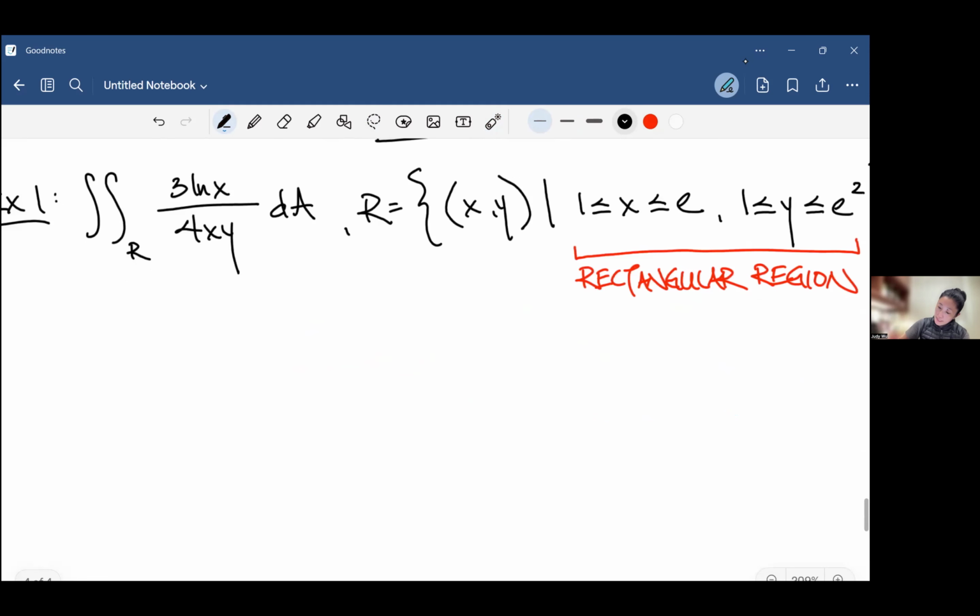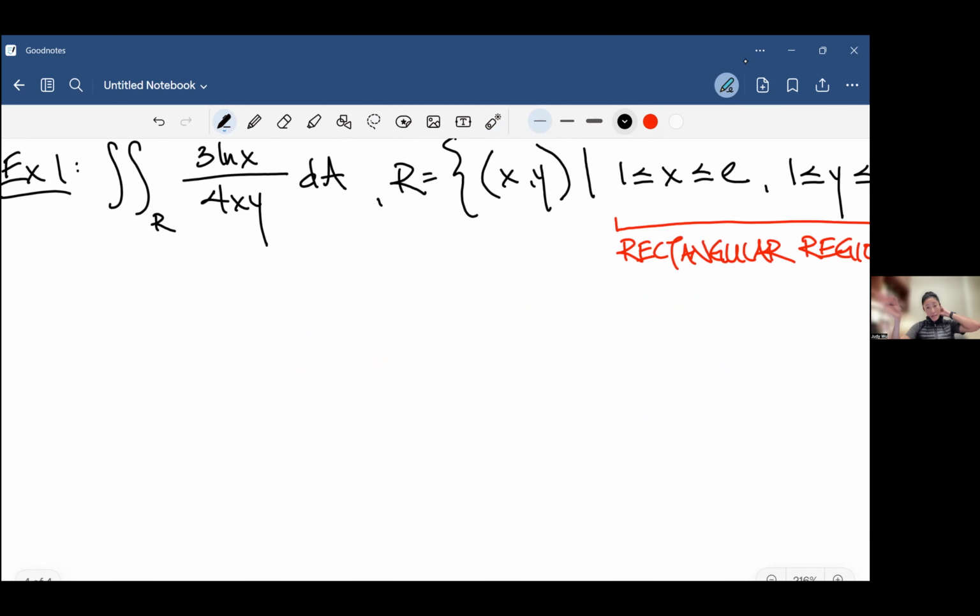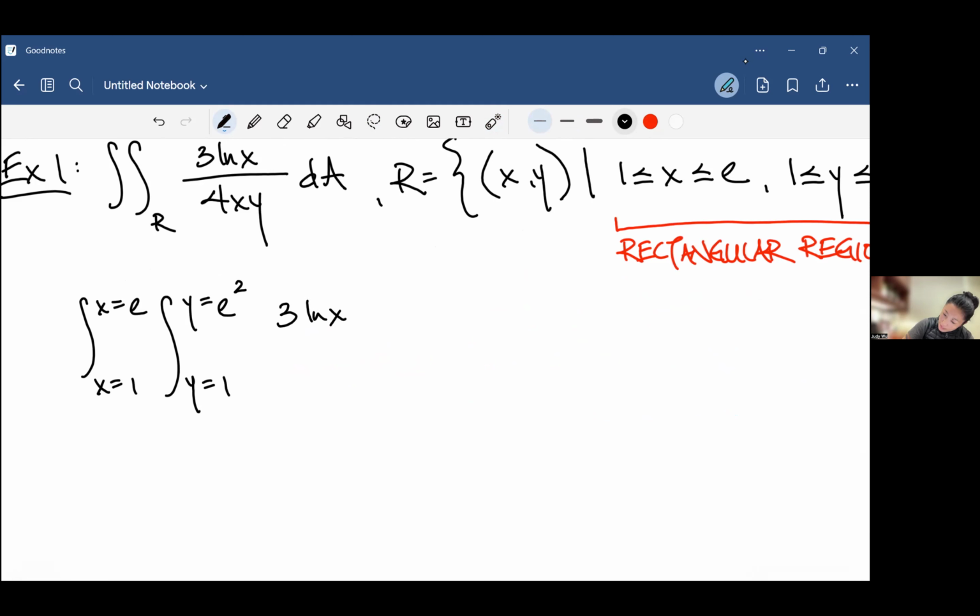All right, so let's set up for a type 1 and a type 2 integral, okay? So I could have x equals 1 to x equals e, and then y equals 1 to y equals e squared of 3 natural log x over 4xy dy dx. That's certainly one option.